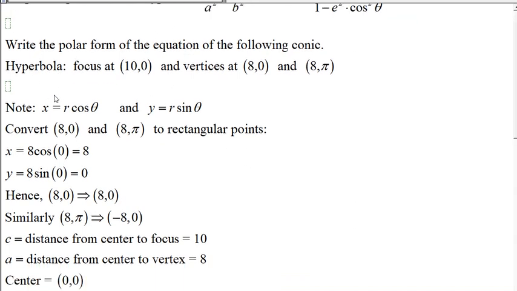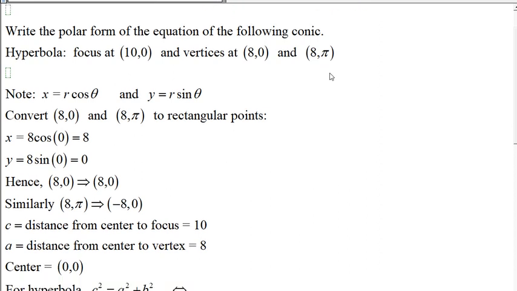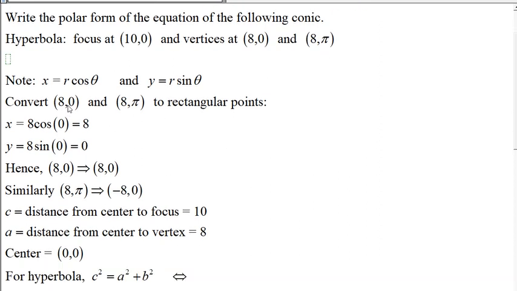And so, just like before, let's go ahead and convert these vertices from these polar points to the corresponding rectangular points. Once again, for the polar point (8, 0), r is equal to 8, theta is equal to 0.